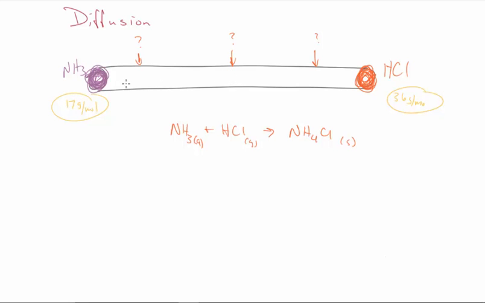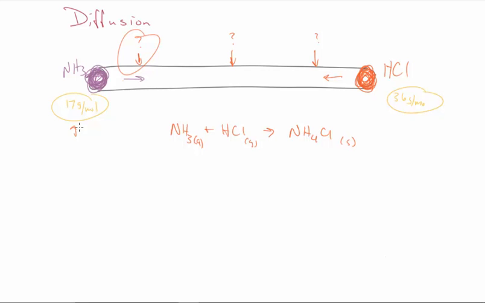And so would we say that they would mix here? No, because that means they're both going to be traveling, right? I've got NH3 gas traveling that way. I've got HCl gas traveling that way. If they met in the middle, then what that means is that your HCl and NH3 are traveling at the same speed. And we know since they have different molar masses, they're not traveling at the same speed. Right? I know that it's not going to hit over here because my lighter molecule should be the faster molecule, right?